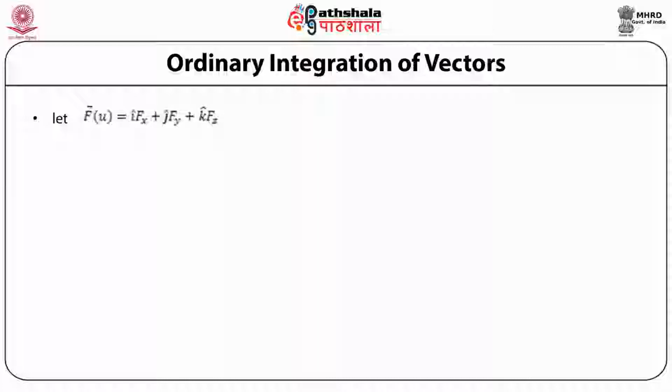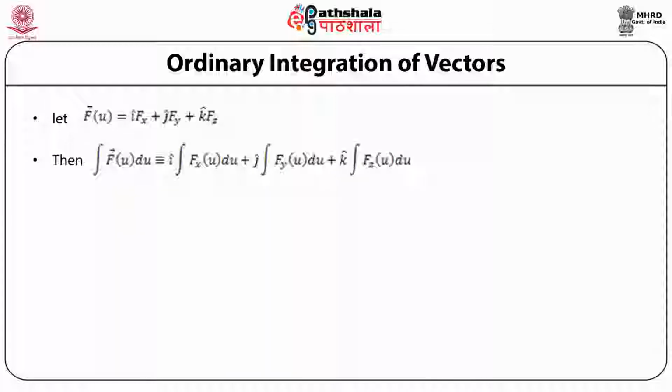Let f(u) equals i cap fx plus j cap fy plus k cap fz. Then integral of f(u) du is equal to i cap integral of fx(u) du plus j cap integral of fy(u) du plus k cap integral of fz(u) du, which is the indefinite integral of f(u).